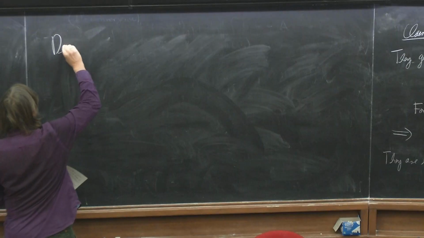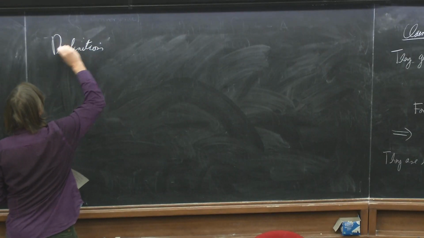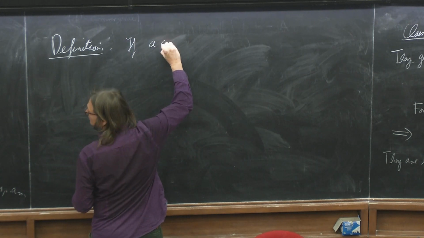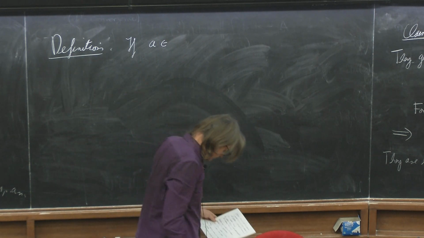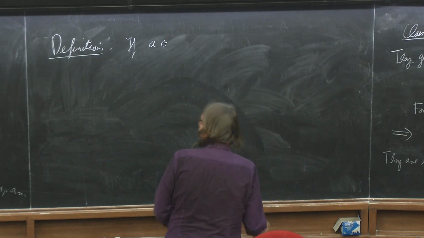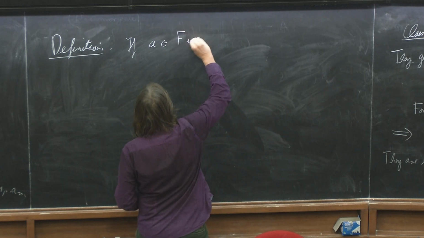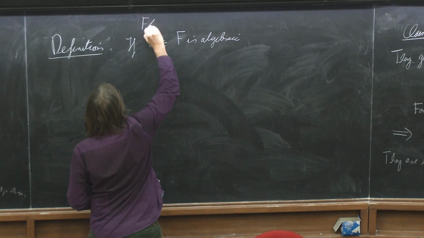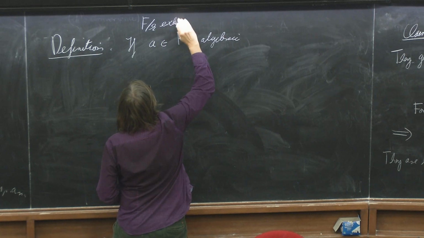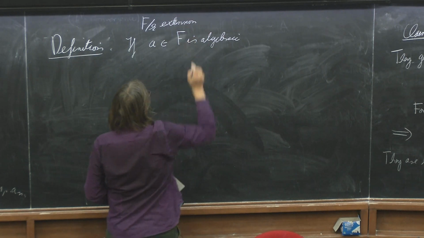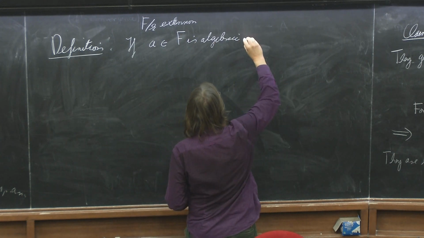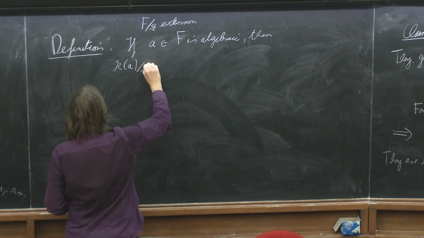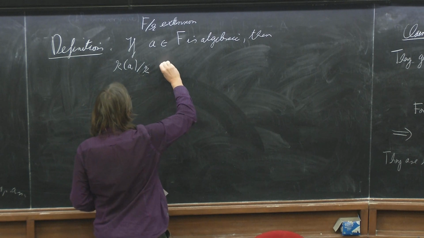So let me define it. Definition. Say we assume still we have our F, and A in F is algebraic over K, where F over K is an extension. Then K(A) over K, this extension, is called a simple algebraic extension.